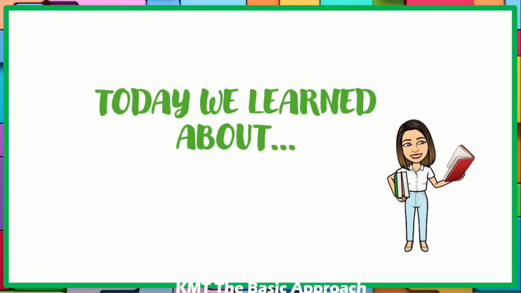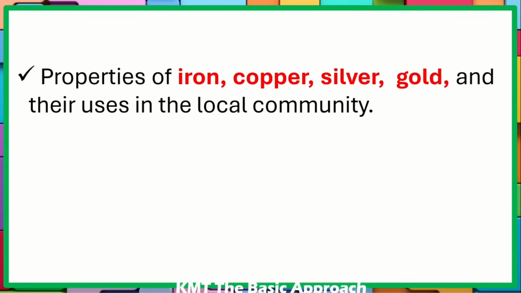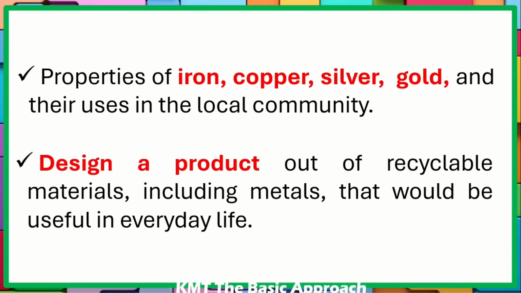Today, we learn about properties of iron, copper, silver, gold, and their uses in the local community. And design a product out of recyclable materials, including metals, that will be useful in everyday life.